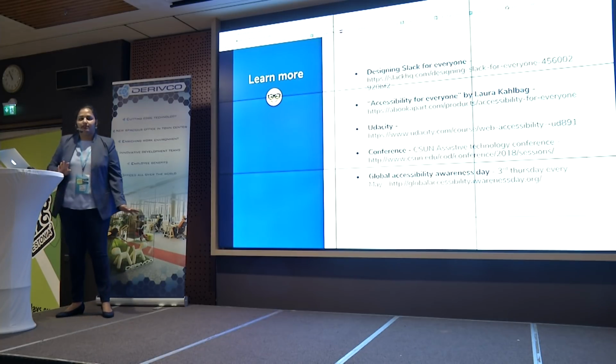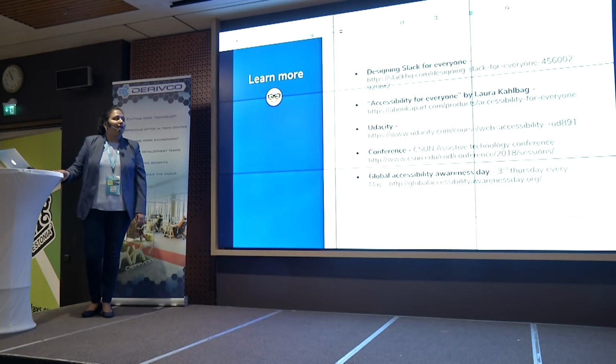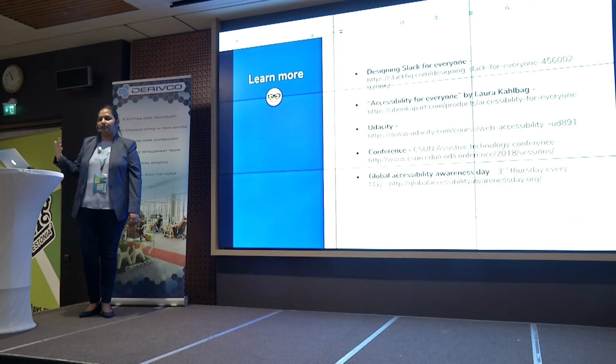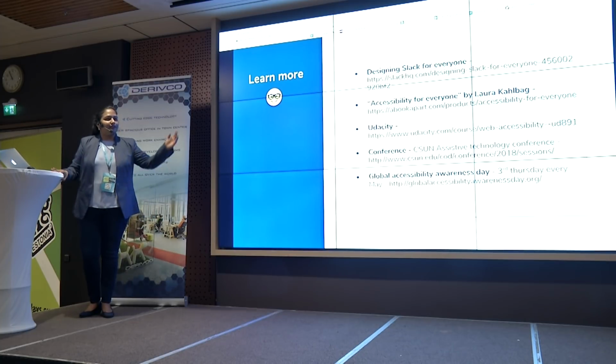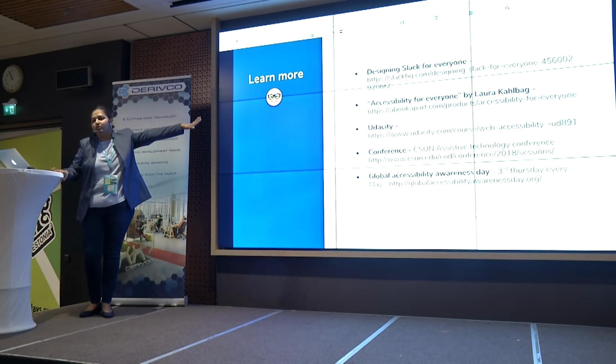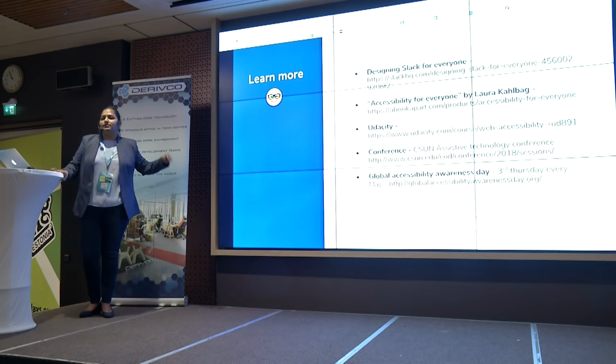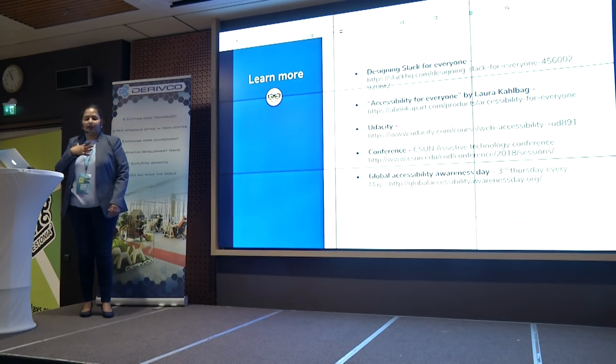On top of these, if you would like to understand how I did it along with my team, there's a blog post, and there's also a really good book that I would suggest, which is Accessibility for Everyone by Laura. It's a very simple, light read. It would give you a deeper, more in-depth analysis of what I spoke about today.